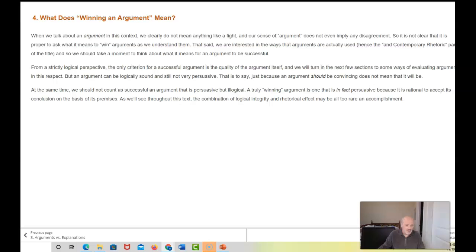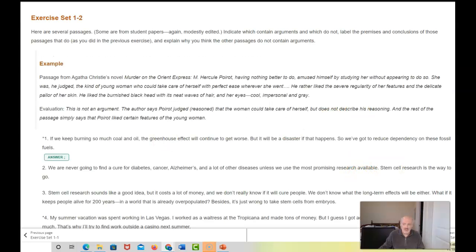So I'm going to go to the exercise set as the best way, since this is something that we had not looked at back when we started the chapter. As a first example, again, these asterisk ones are answered in the book.